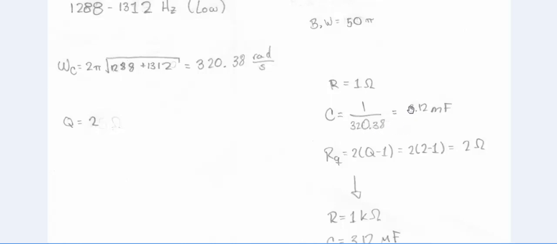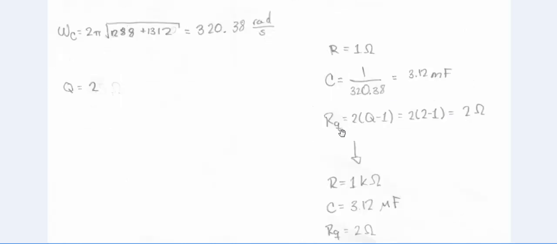So we got that the capacitance is 3.12 microfarads. For the resistance Q, we get the same value, and we perform the same transformation. So we have now a resistance of 1 kilo ohm and a capacitance of 3.12 millifarads and the resistance Q.